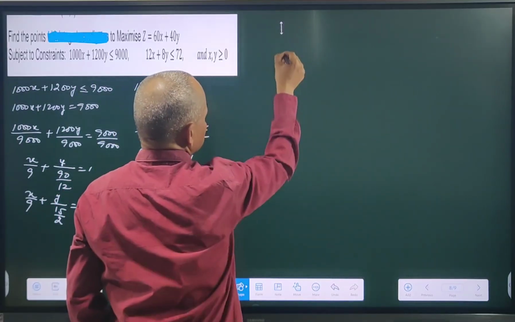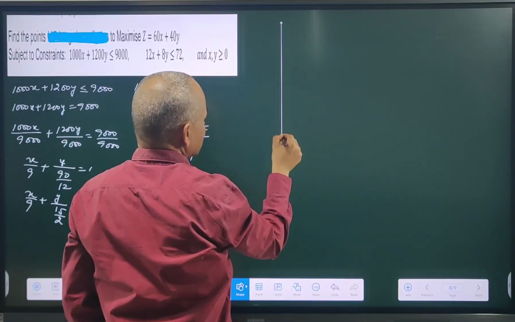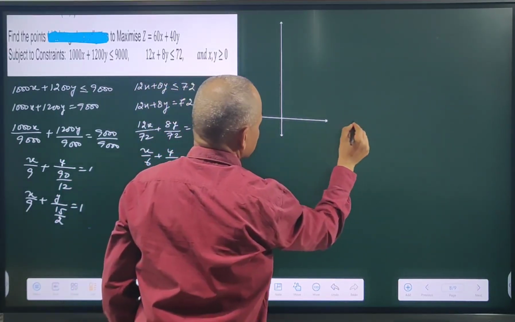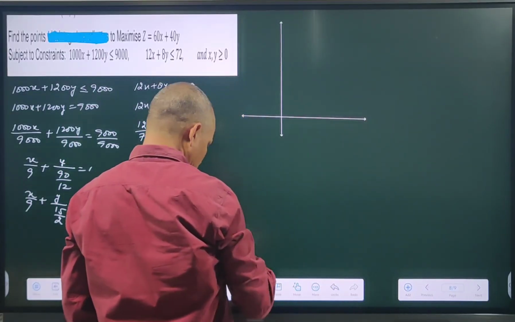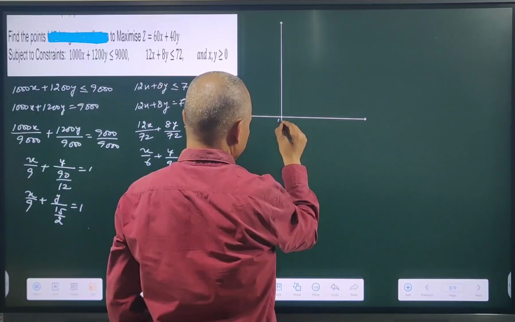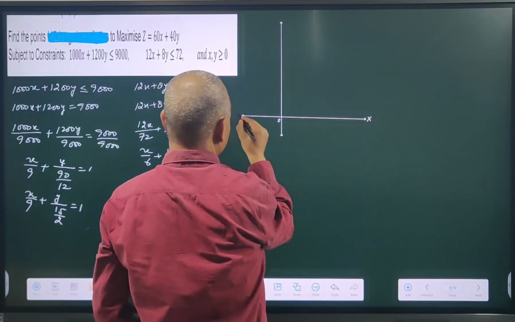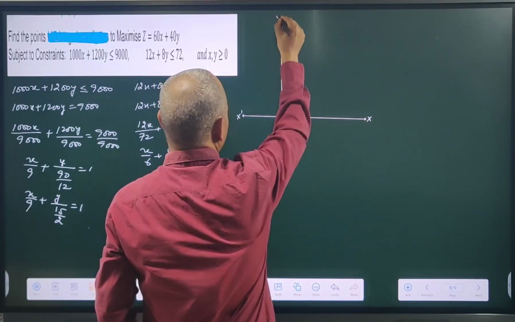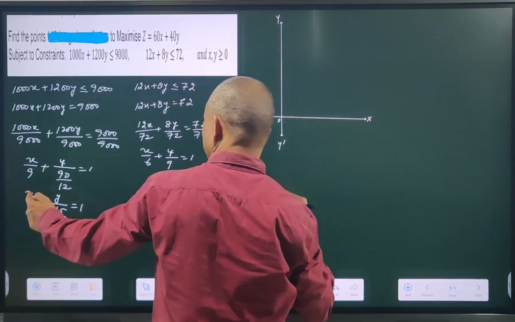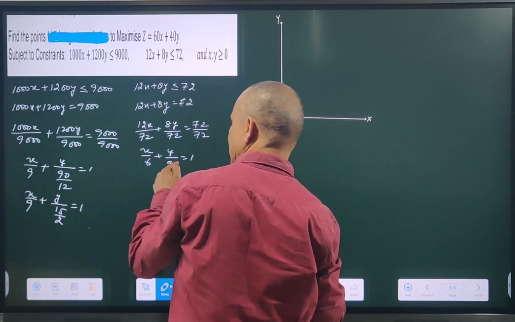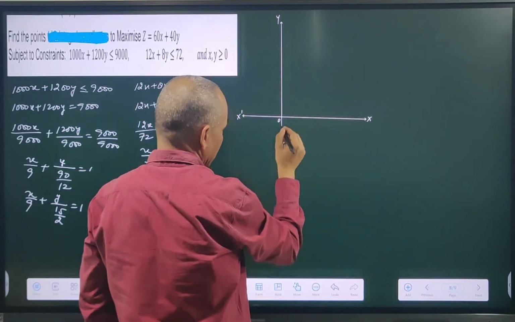This is the y-axis and this is the x-axis. Origin, x, x dash, y, y dash. On x, the maximum distance you have traveled is 9, and on y, the maximum distance you travel is also 9.